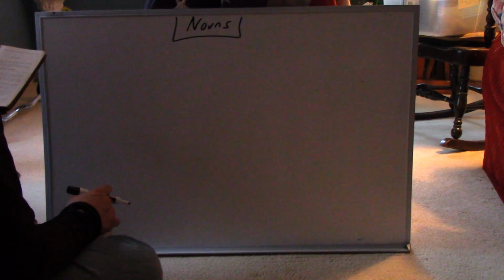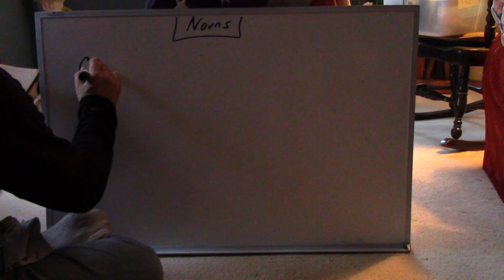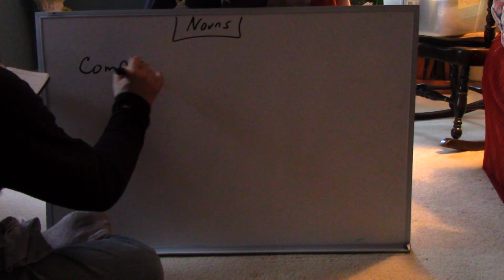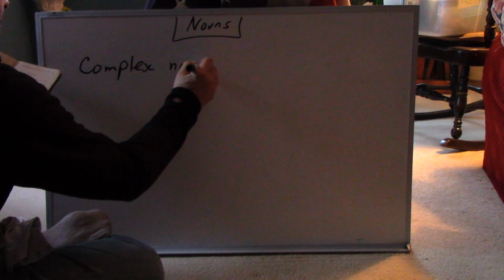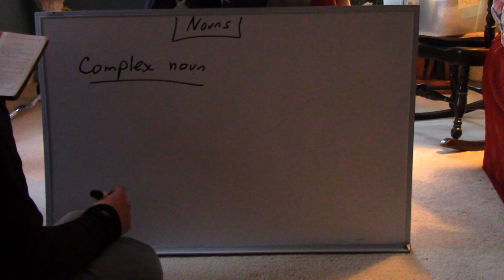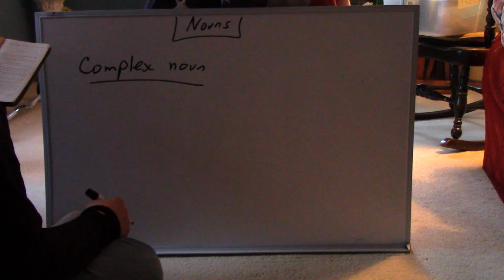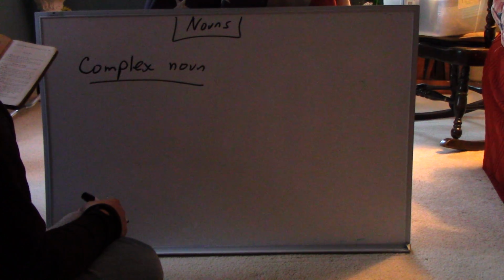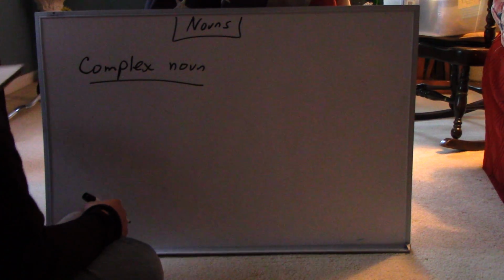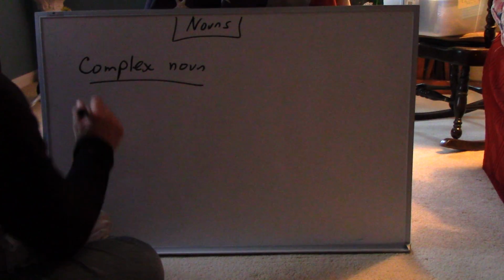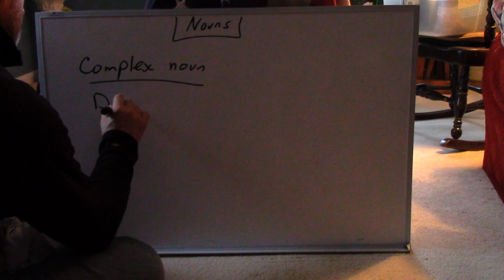All right? Then we have what we call a complex noun. And what's a complex noun? A noun is called complex when it is formed of 2 or more words, not united together. Okay? I'll give you an example. Dead Sea.